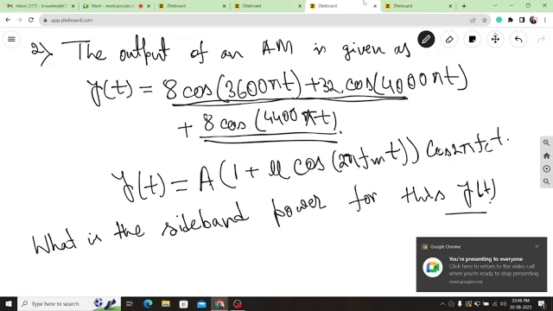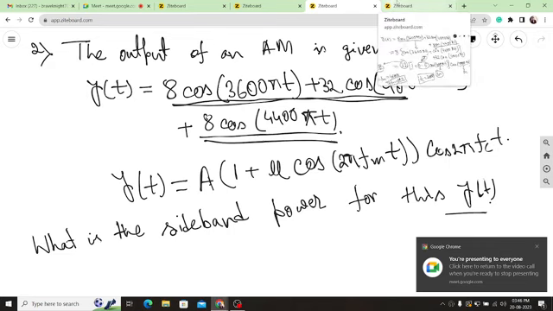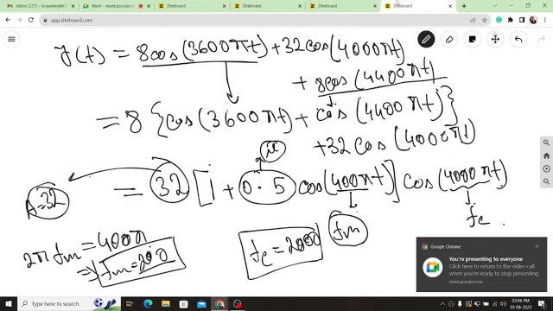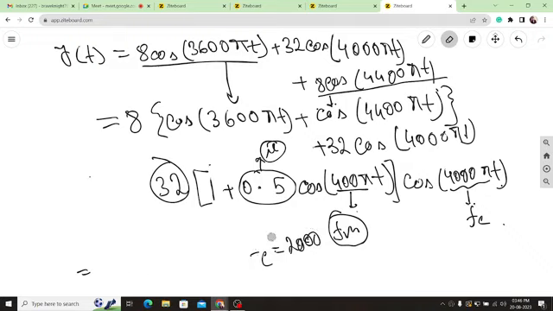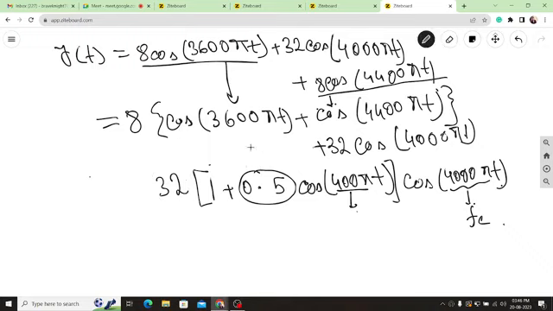So what will be the sideband power? What is the message signal here?